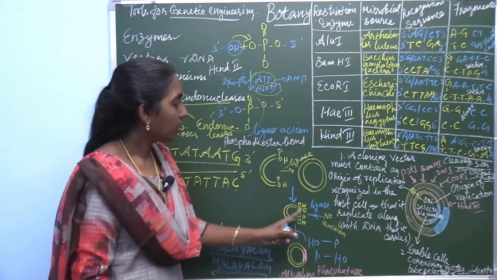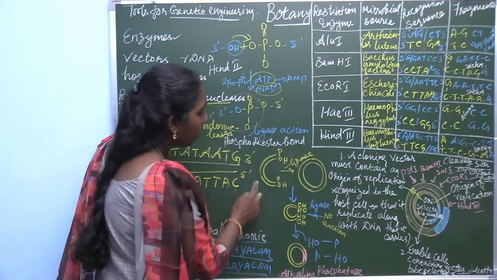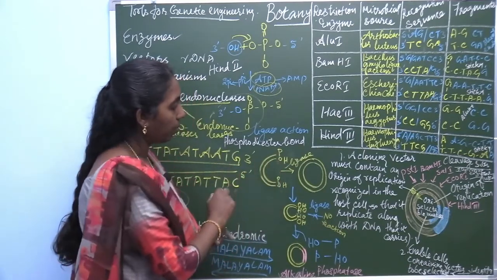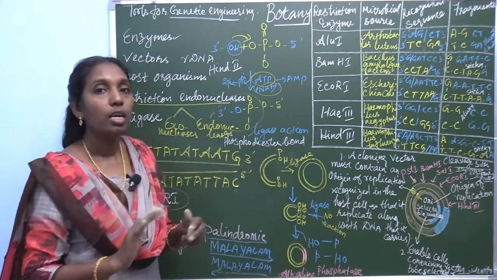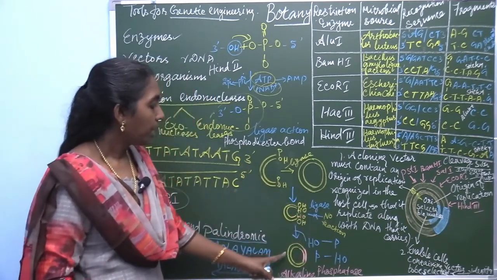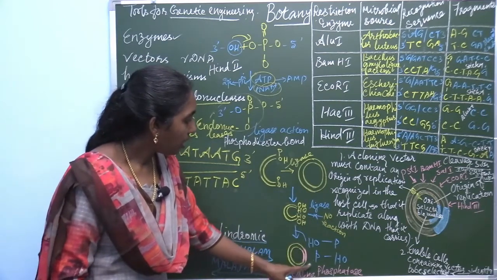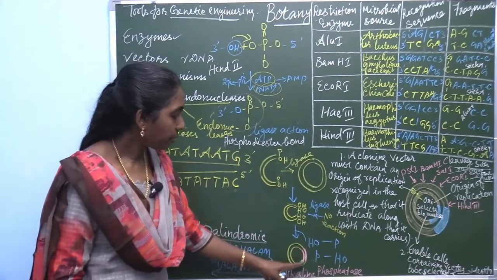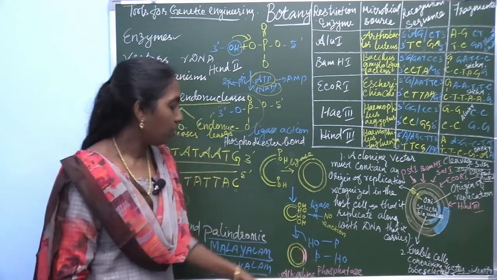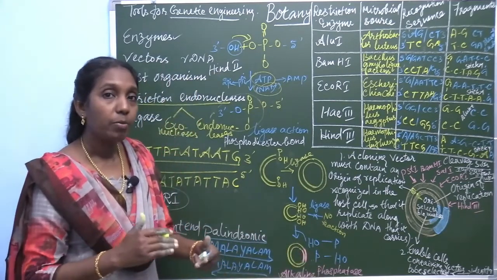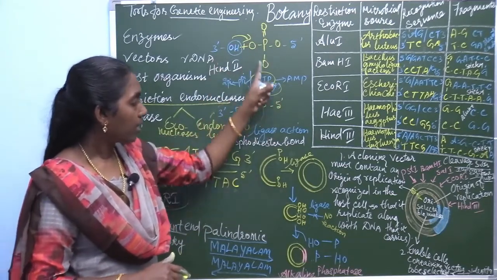But here there is no reaction because here it is not a complementary pair, here OH, here OH. So there is no reaction in this. But with the enzyme, here it joins. Here OH, PO4. So alkaline phosphatase. Here is the action of ligase enzyme.